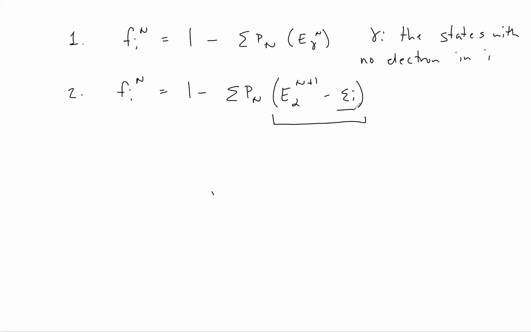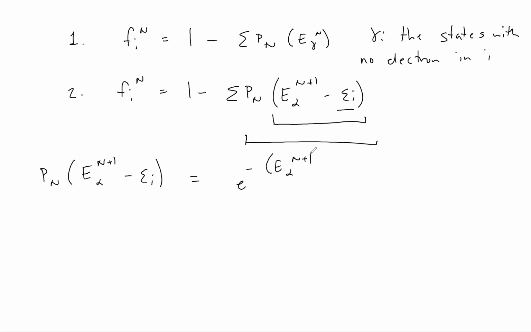So now let's simplify this expression here. So the probability that the n electron state has this energy, using our earlier expression, we can write as e to the minus (E_alpha,n+1 minus E_i minus F_n) over k_B T. Now let me multiply the right-hand side by 1 in the following way.